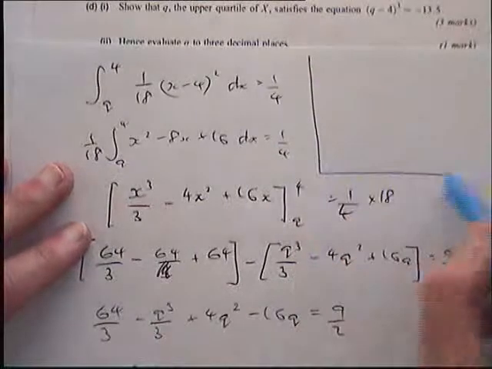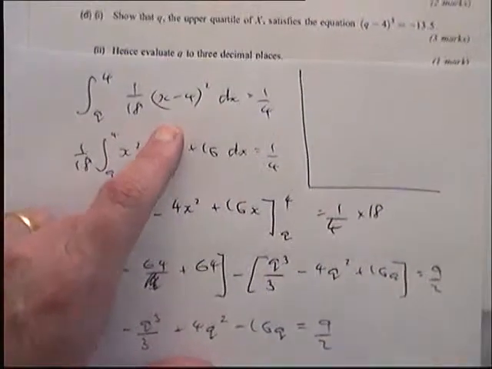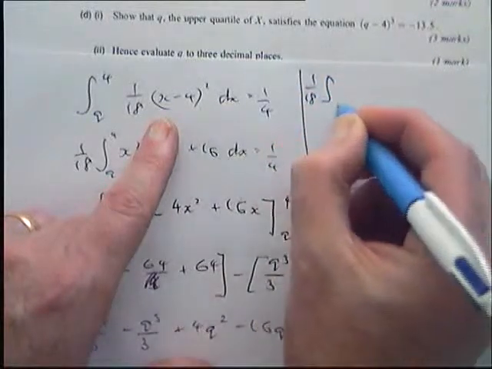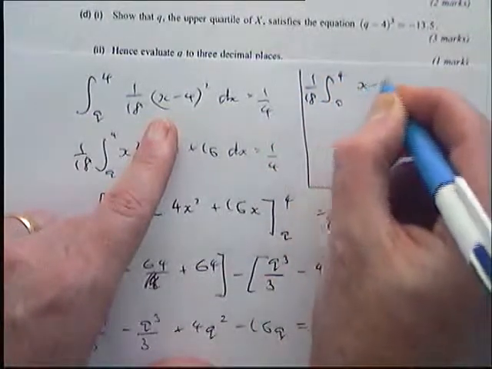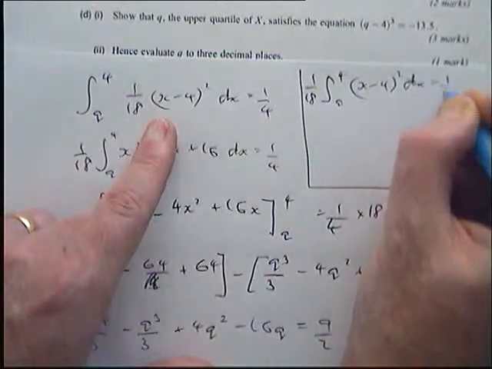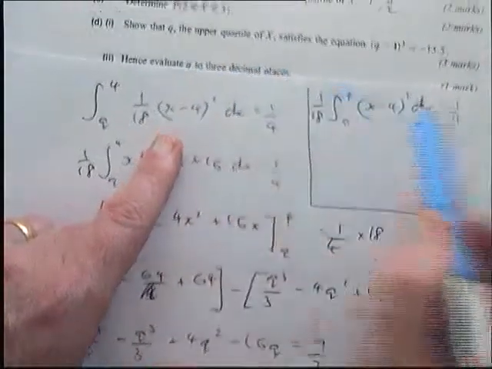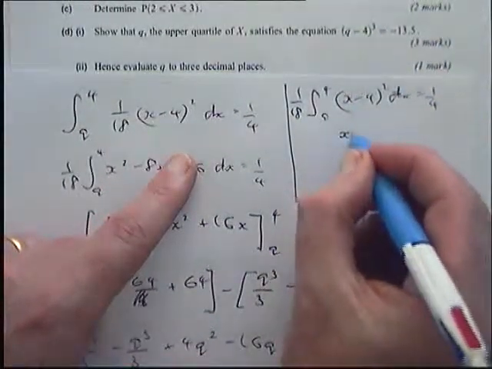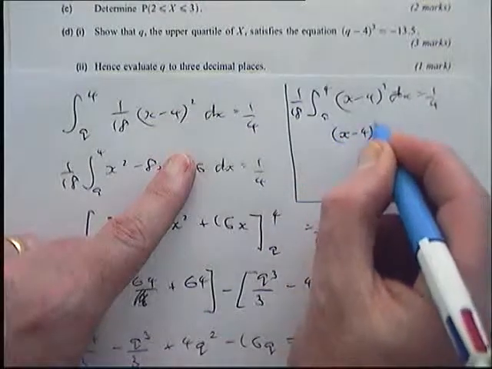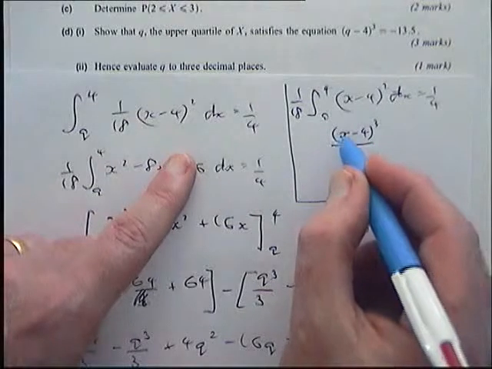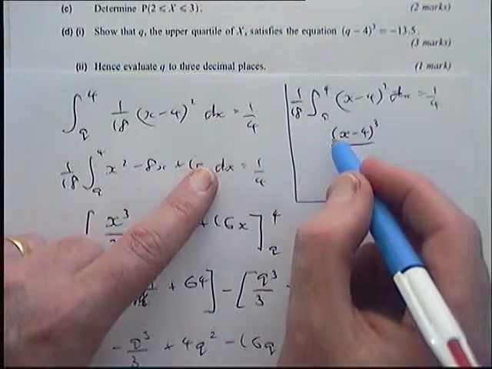If you did that integral a different way without multiplying that out up here, if I wrote that integral out and I did not multiply out, I'm just taking that 1/18th out first of all, just to get these three marks up here. If I integrate this, are we all happy that you can just add 1 to the power on the brackets, divide by that 3, and divide by the derivative of the brackets?